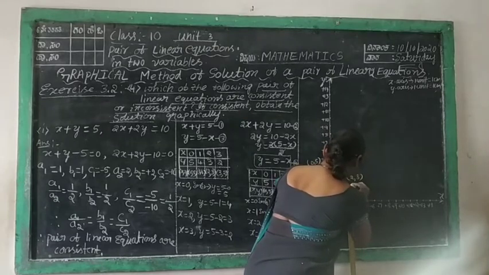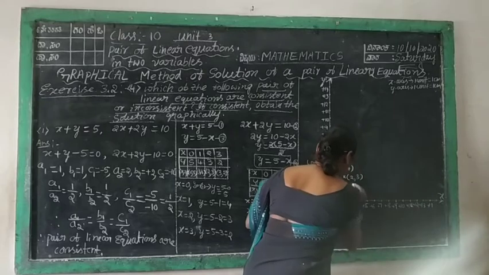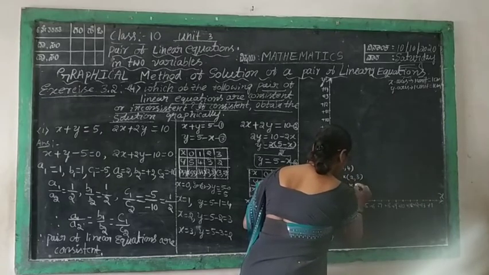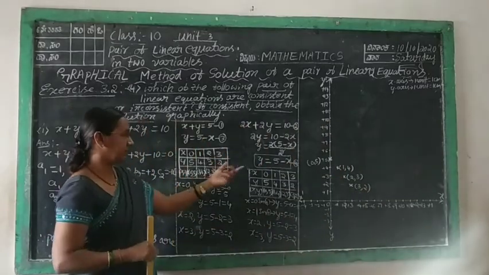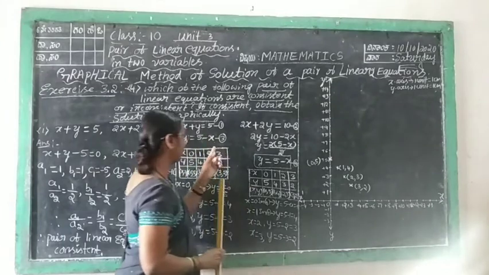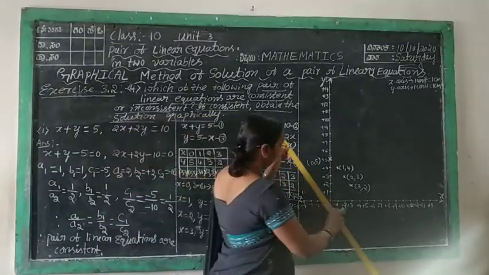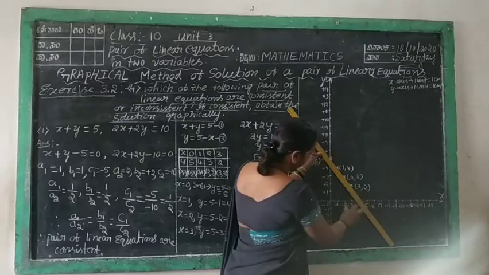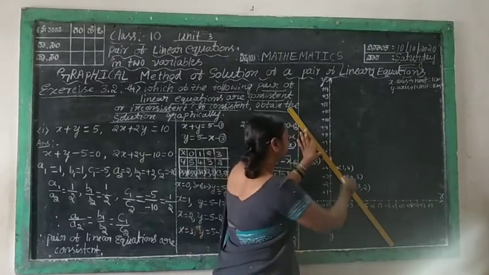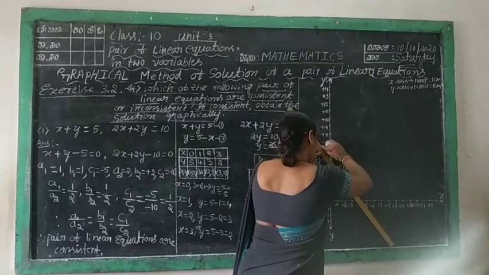Then 4 points are represented for the first equation. We join all the points. All 4 points are in a straight line.